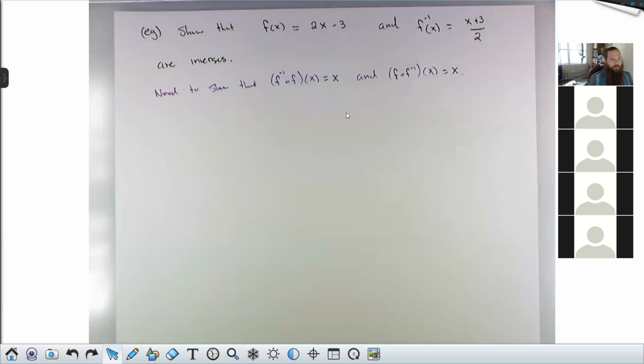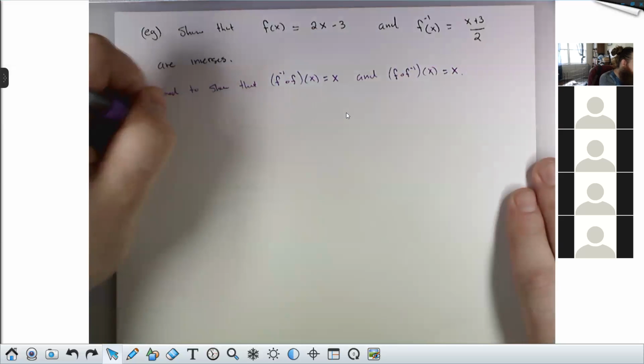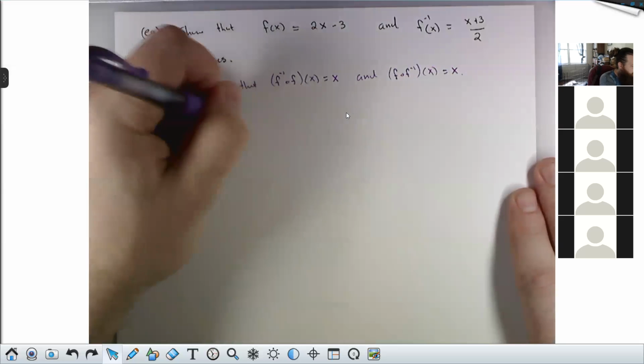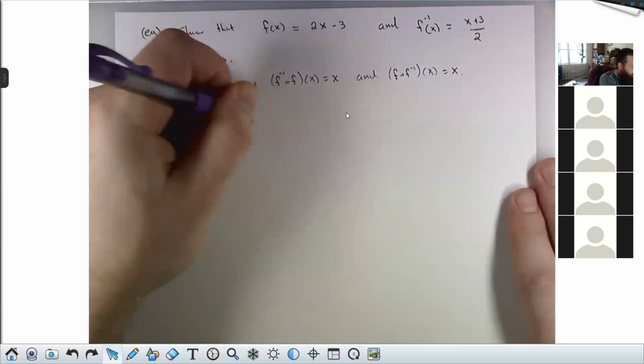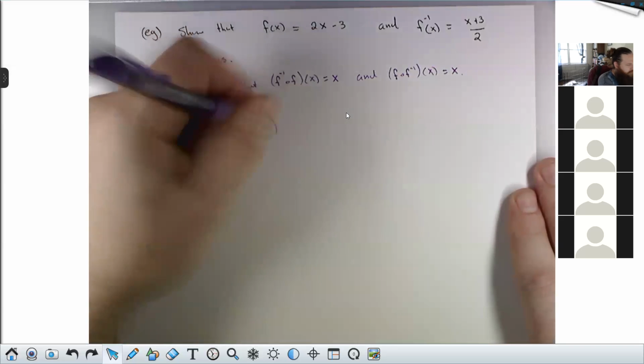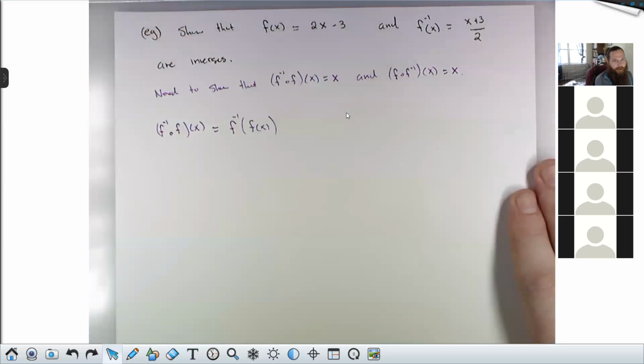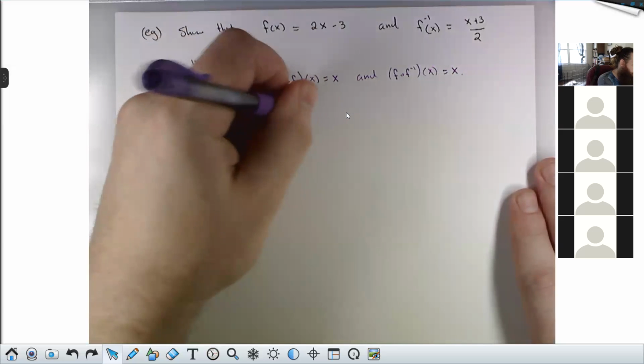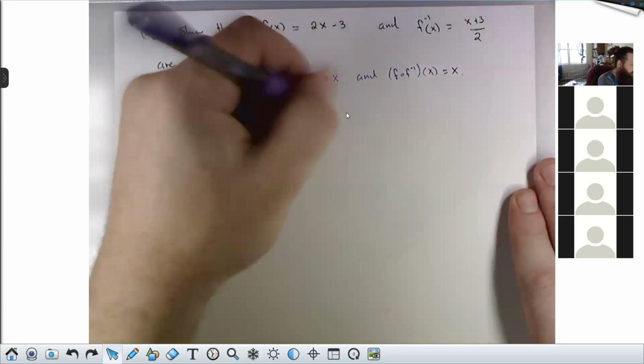Let's do this one first. f inverse of f of x. That's by definition f inverse of 2x minus 3.